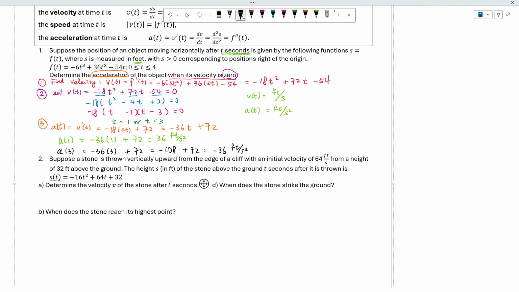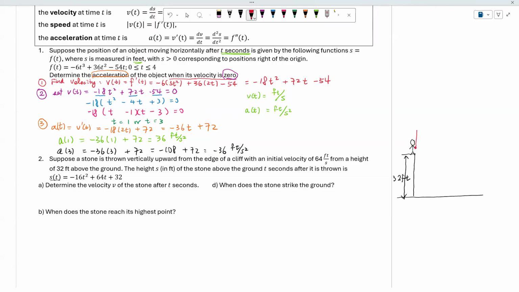So now we have a situation. Suppose a person is standing at the edge of a cliff, which is 32 feet above the ground. And the person throws the stone upward.